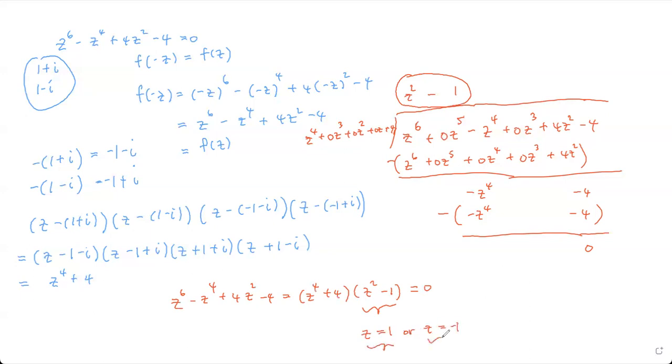These are the remaining two roots. So altogether, the roots are z = 1, z = -1, z = 1 + i, z = 1 - i, z = -1 - i, and lastly z = -1 + i. So 6 roots altogether.